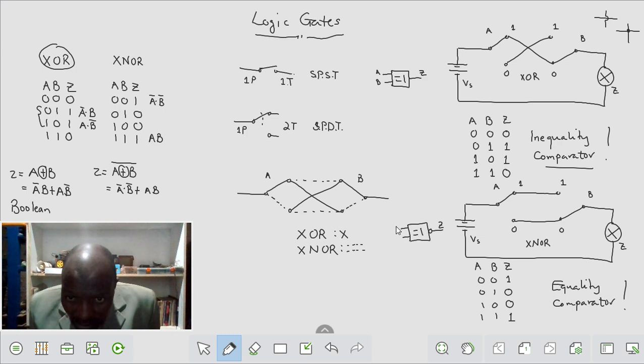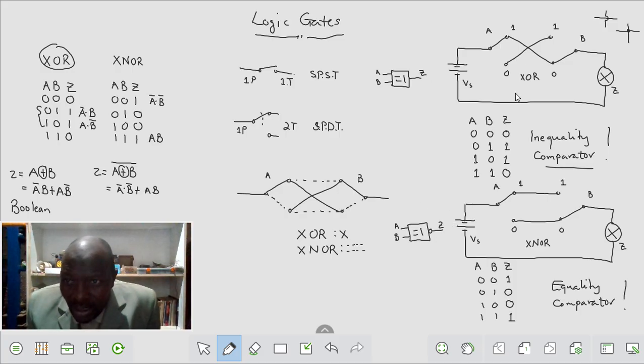We have A exclusively or B. It can only be A or B, it can't be both. If it's A or B, I'm not happy. It says not or, not exclusively or. So this is our exclusive NOR.